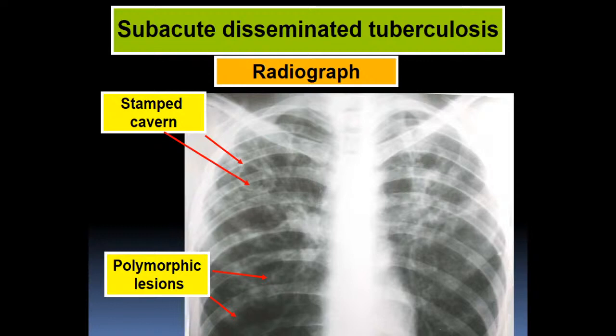On this X-ray, you can see focal shadows in the upper parts of the lungs, lower parts less affected. And in the upper field of the right lung, you can see a stamped cavity. This is a ring-shaped shadow with a thin wall.